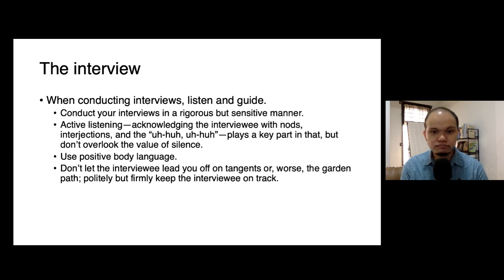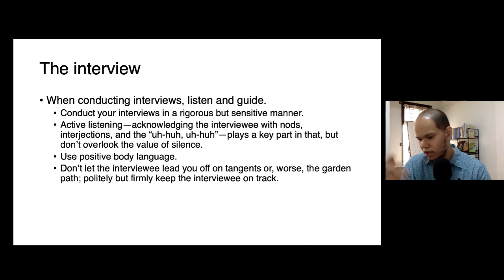And don't let the interviewee lead you off on tangents or the garden path, as they say. Make sure that your interviewee really answers your question. Don't let the interviewee veer off course, and don't let them avoid the issue. But there's an elegant or diplomatic way to do that.